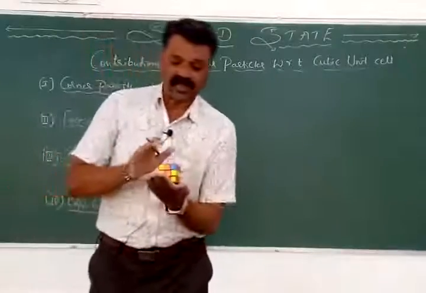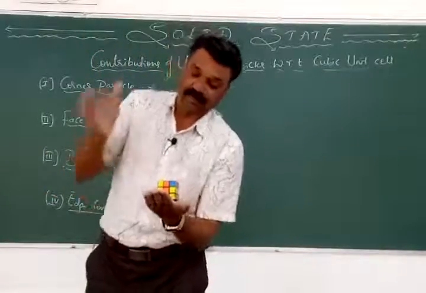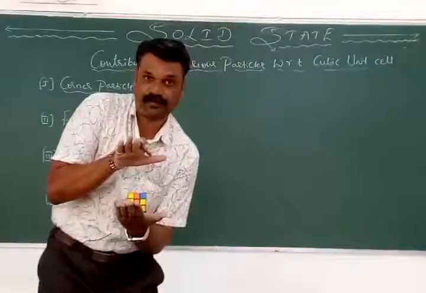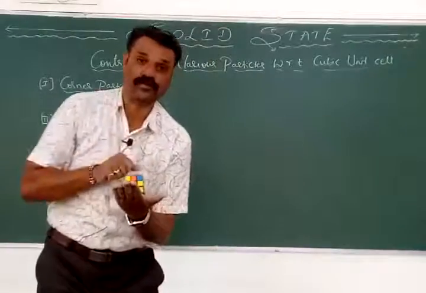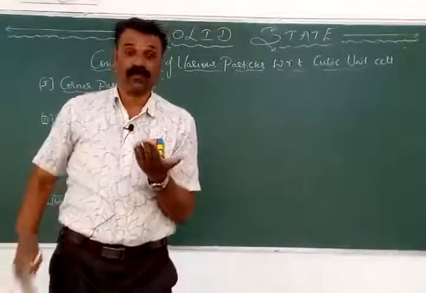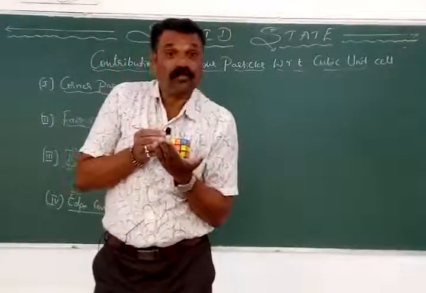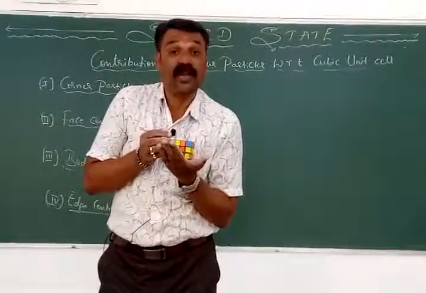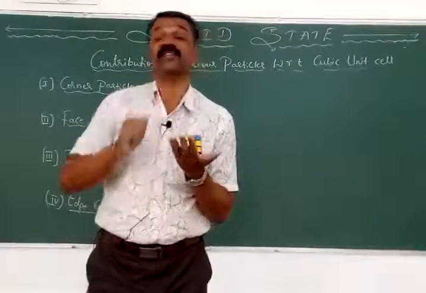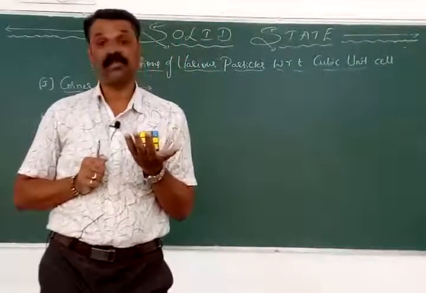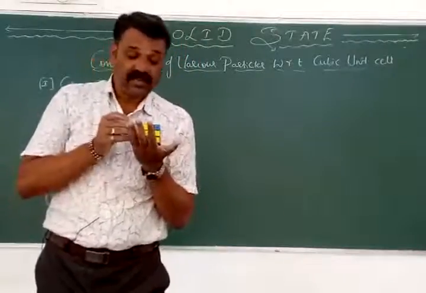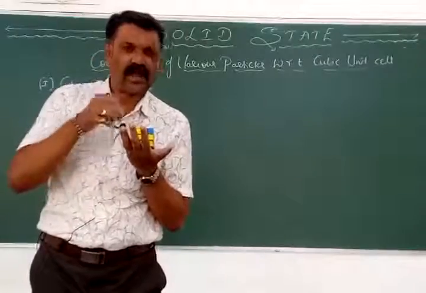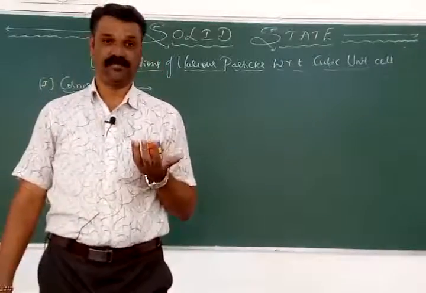So there are 4 unit cells here. If I put another 4 cubes, 4 plus 4, can I say that it is visible or invisible if I put the 8 unit cells at a time? It is invisible. This is equally surrounded by 8 unit cells.